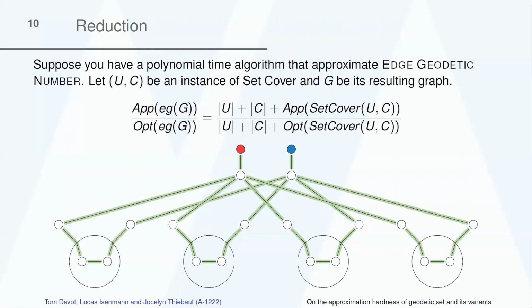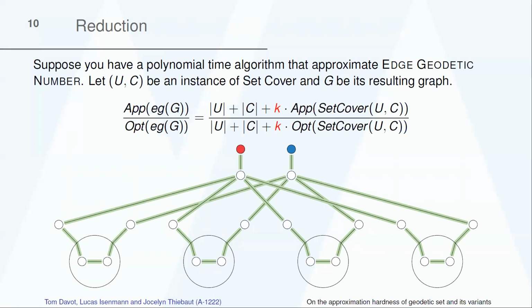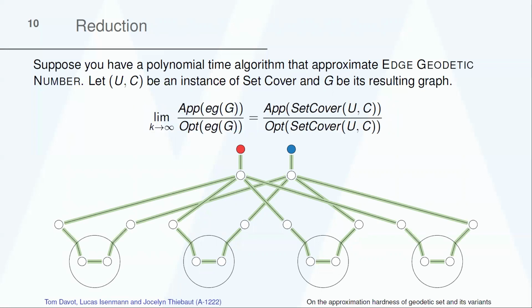And this we can do with as many copies as we want. So if we have k copies, we'll end up with a k factor. So when k tends to infinity, it proves that we have this equality, and since set cover is LOG-APX-hard, it proves what we want.